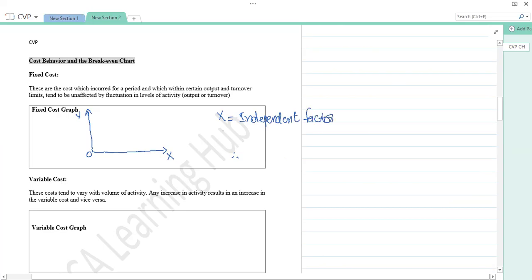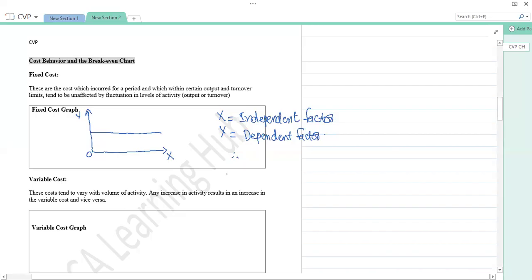Like units bring the change in the cost, so the activity level is independent and cost is dependent. And on the y-axis, you will take the dependent factor. Now, when I draw the graph for the fixed cost, it is parallel to the x-axis, constant, because the fixed cost cannot change with the activity level. It remains constant.